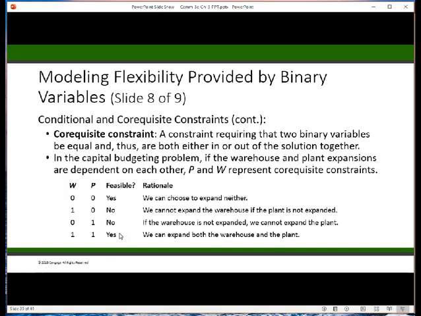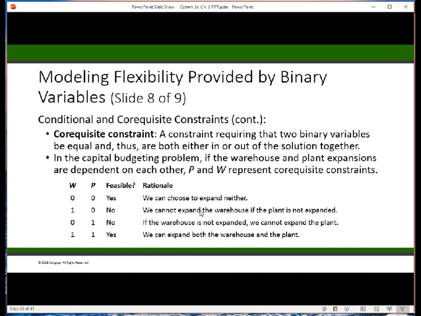But in the case of a co-requisite constraint, we cannot do a plant expansion without doing a warehouse expansion. So that's the difference between that and the conditional constraint. The conditional would let us do this third option. The co-requisite doesn't. A co-requisite means both of them have to occur. So either neither occurs or both occur.